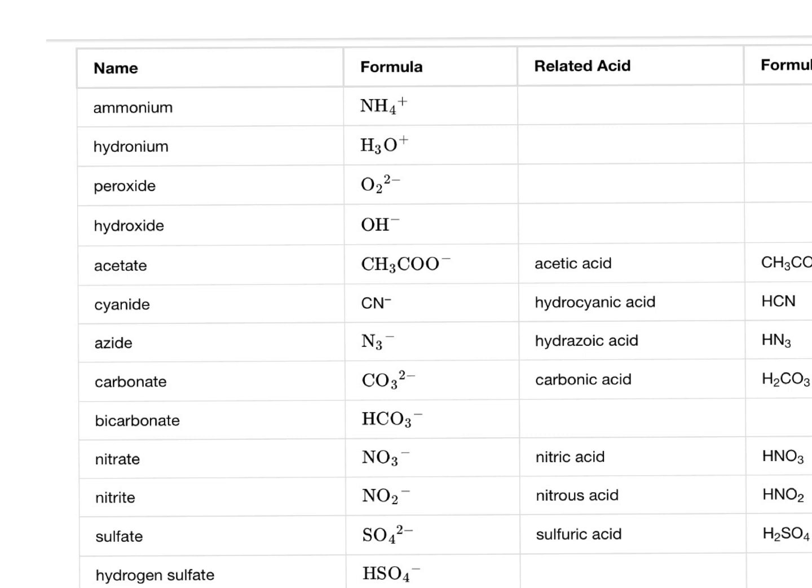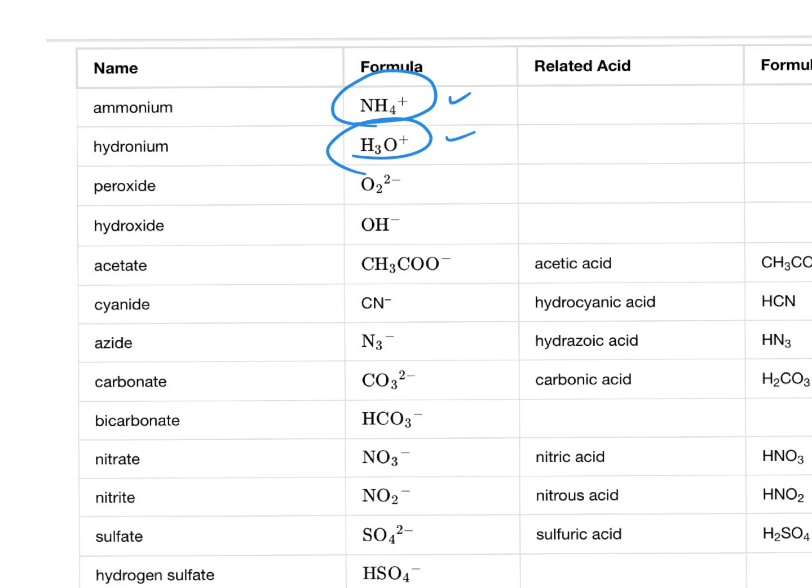So ammonium is NH4. This is one of the 2 ions that are cations but don't have a metal in them. So remember I said if it has a metal in it, it's an ionic compound, right? But if it has one of these two in it, it's also an ionic compound.